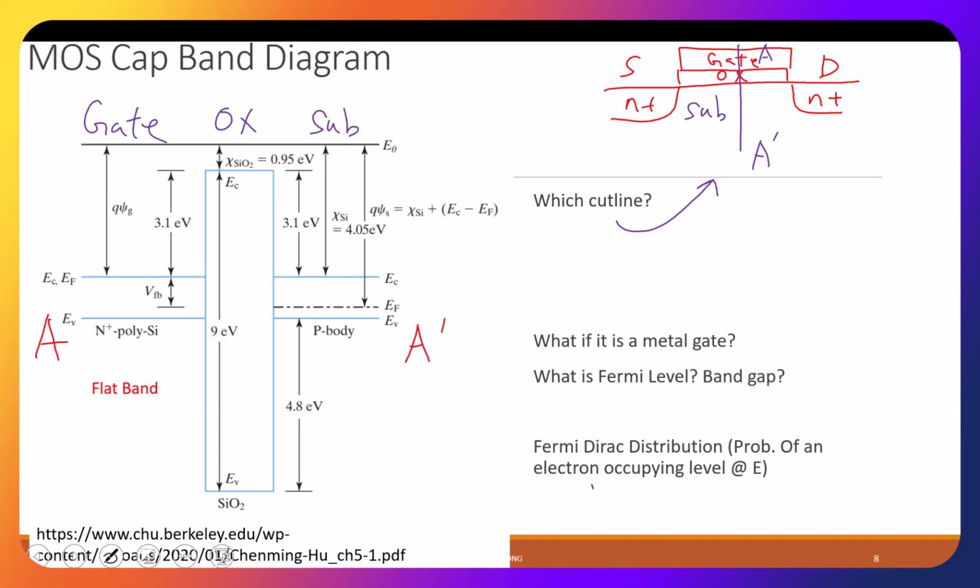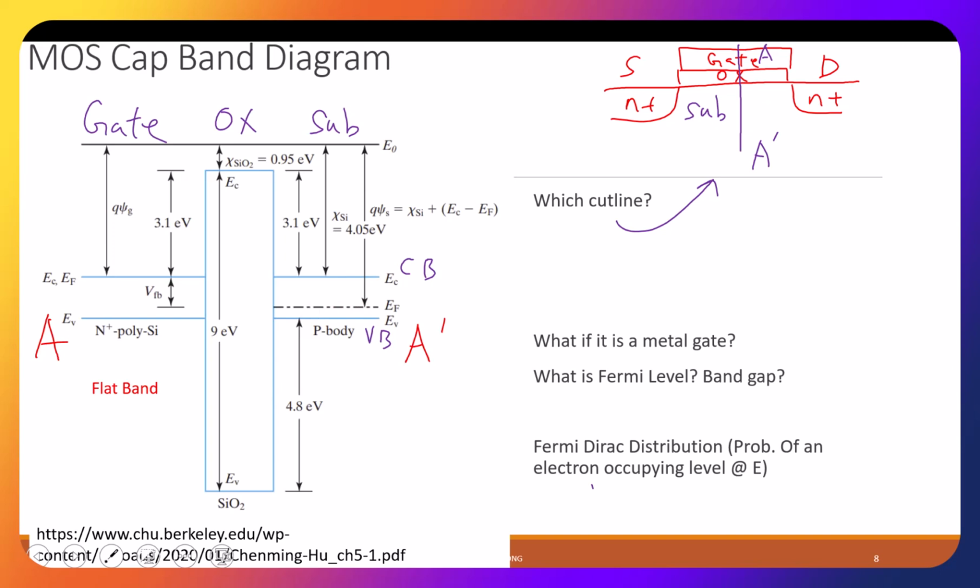I'm cutting from the gate through the oxide to the substrate and looking at its band diagram. We won't go into details, but the point is you have a conduction band, CB, and a valence band, VB. Between them is the so-called forbidden gap. You cannot find any electron that has this energy.